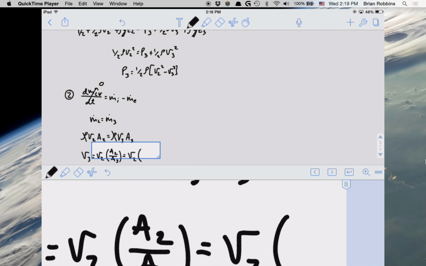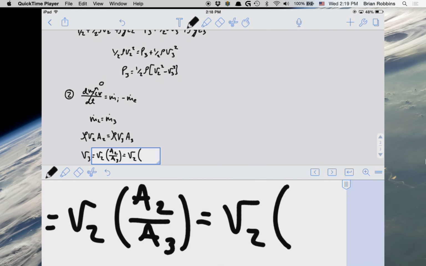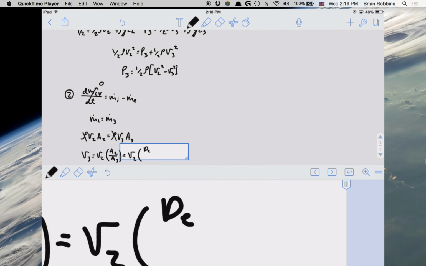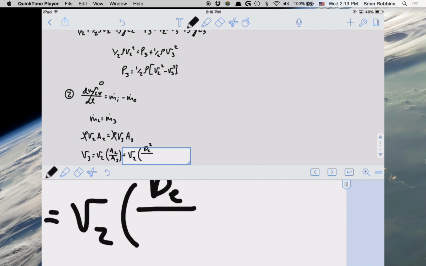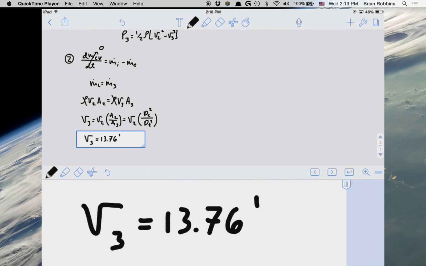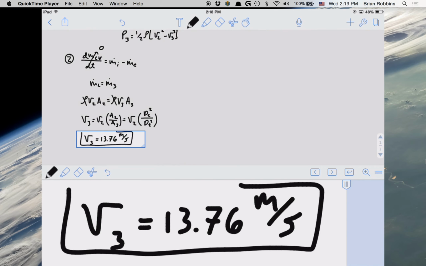Point 2 will be the exit area, point 3 will be the tube area, which have different diameters, and what we end up seeing is that we get dE squared divided by dt squared. So when we plug in our values, we get that V3 is equal to 13.76 meters per second. Okay. So that is our velocity at point 3.